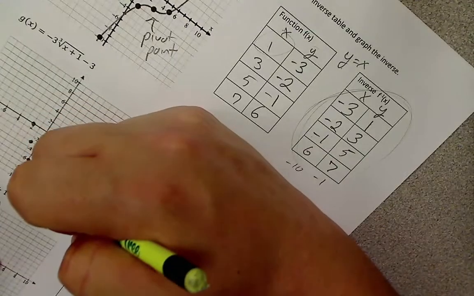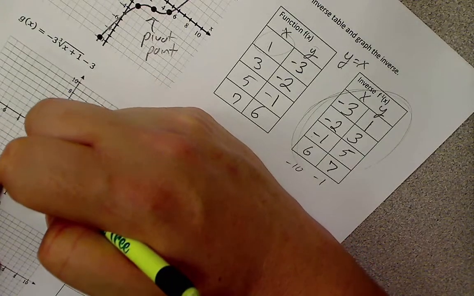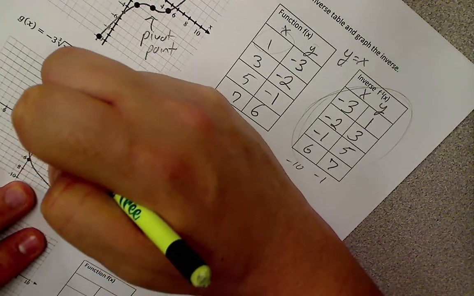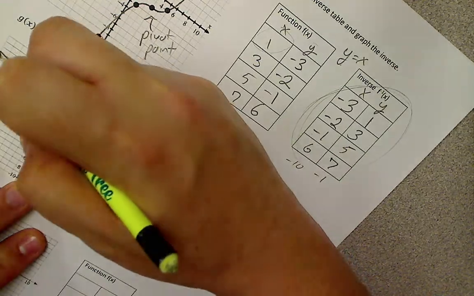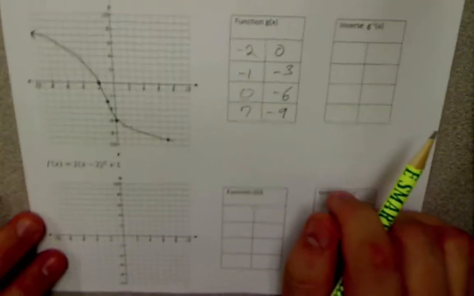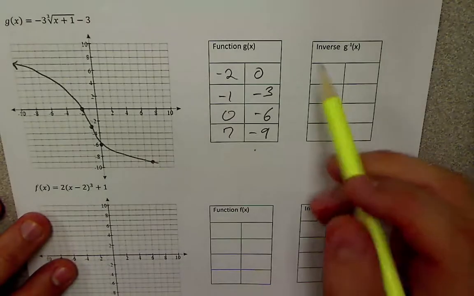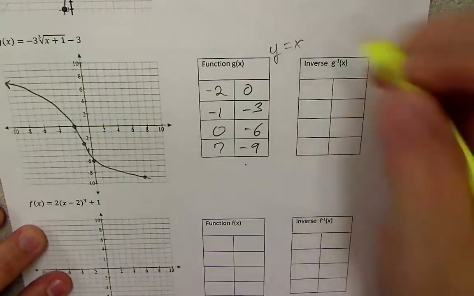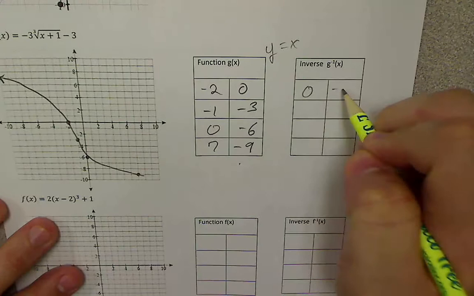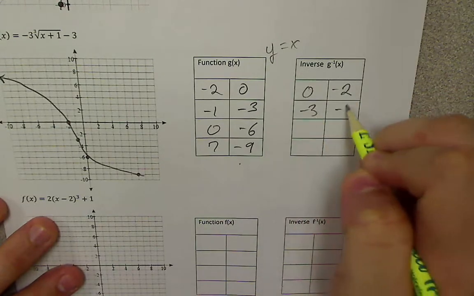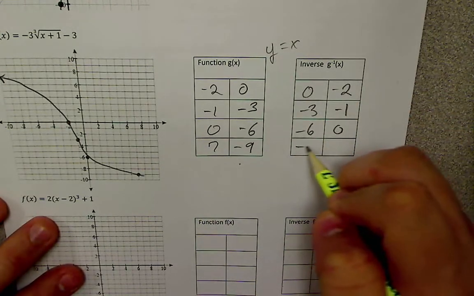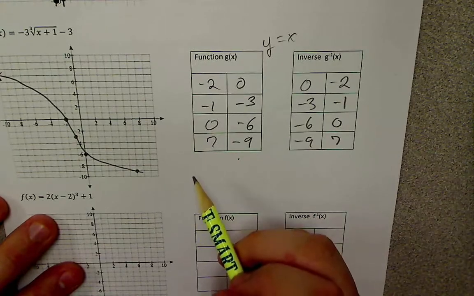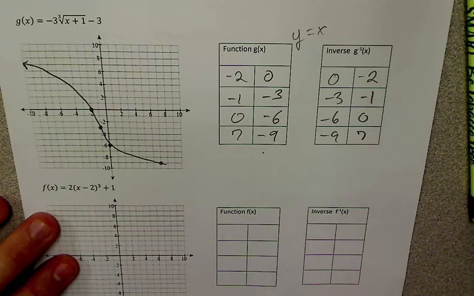So this looks like this, sort of. So if I want to graph the inverse part of this, I just take my x and y values again, because of y equals x, and switch my domain and range values in order to actually graph the inverse part of this.